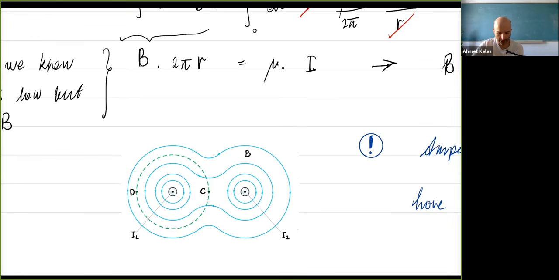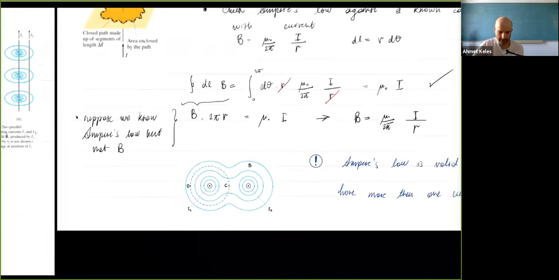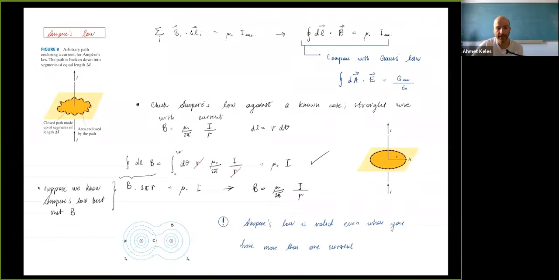In Gauss's law, it was the flux, and we said what comes in has to come out, and only if you enclose something do you have a net flux. You can think of the same thing here, but remember it is the magnetic field, not the electric field. Any questions?